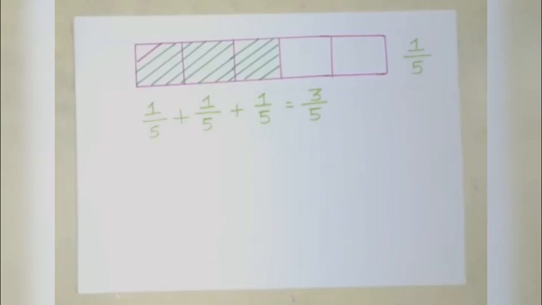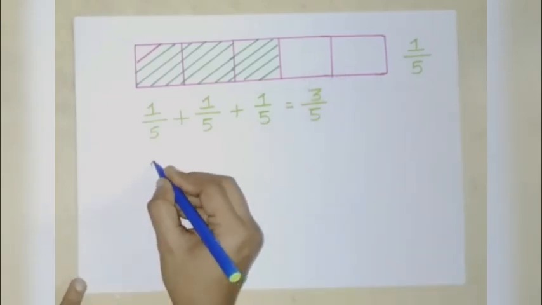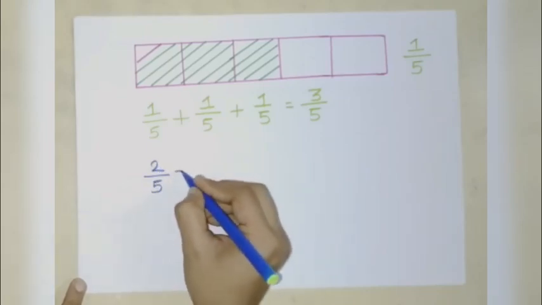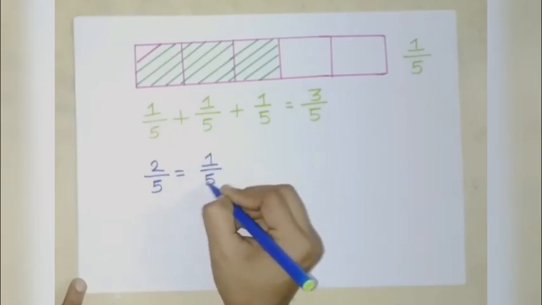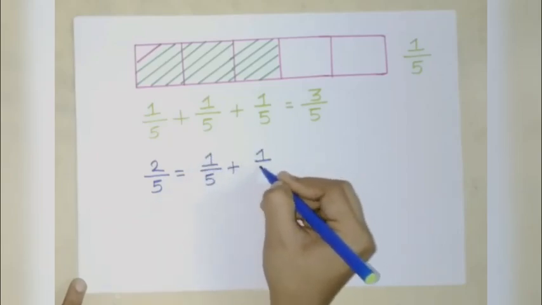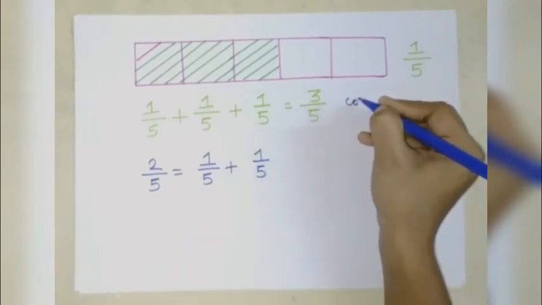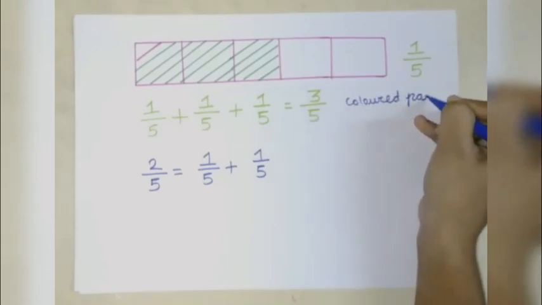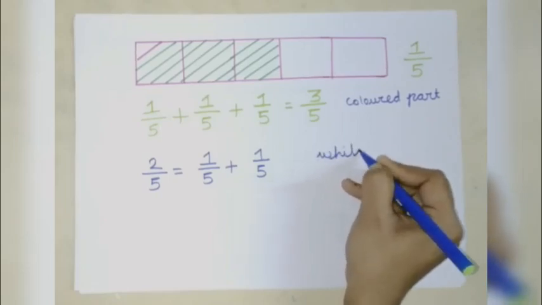Now the white part is 1, 2, means 2 upon 5. How we will write 2 upon 5? 1 upon 5 plus 1 upon 5. Is it clear, children? This is the colored part and this is the white part.